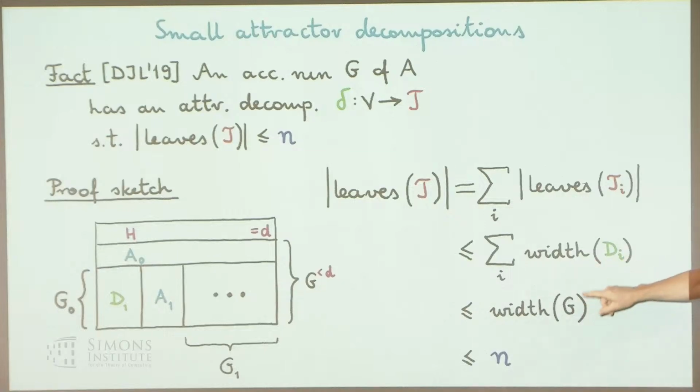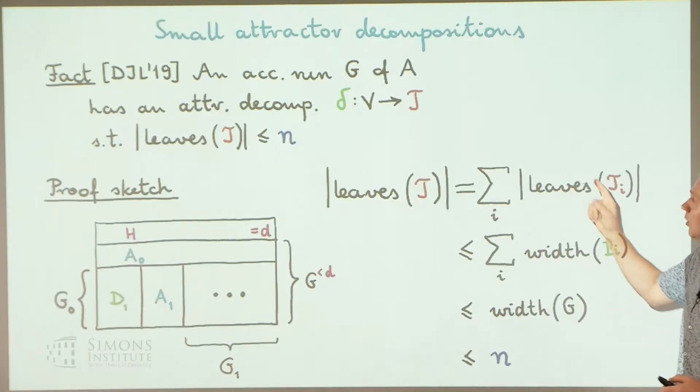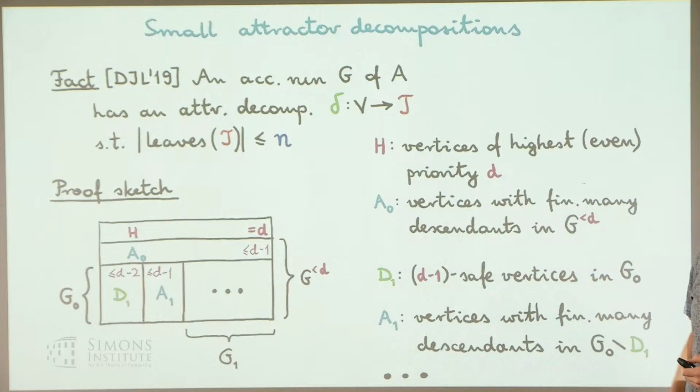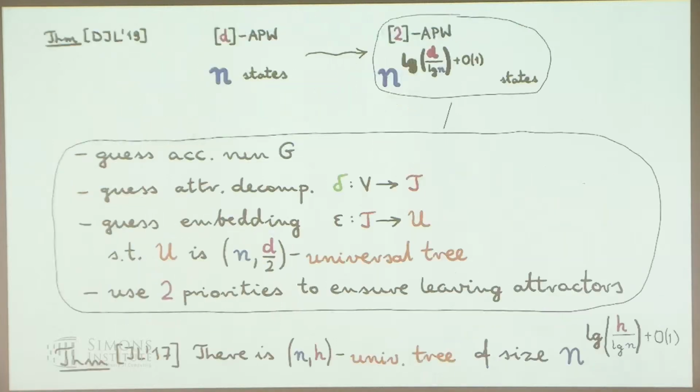But then inductively, you can show that that must be smaller or equal than the sum of the widths of those graphs. That's, again, slightly subtle, but an easy argument shows that this is smaller or equal than the width of the whole graph, because these subgraphs were disjoint. But that is bounded by n, because every layer had at most n vertices. Okay, so the tree of that decomposition we have constructed is small. It has at most n leaves.